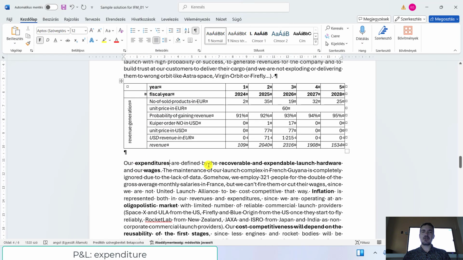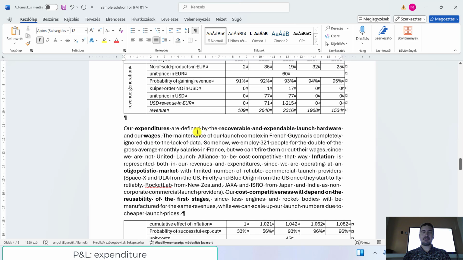Okay, so all expenditures are defined by the recoverable and expendable components and wages. The maintenance of a launch complex is completely ignored due to lack of data. We don't have any maintenance data, unfortunately, so it's just happily existing, or is part of the wages. Or I don't know what happens there, but okay, so we don't have data.